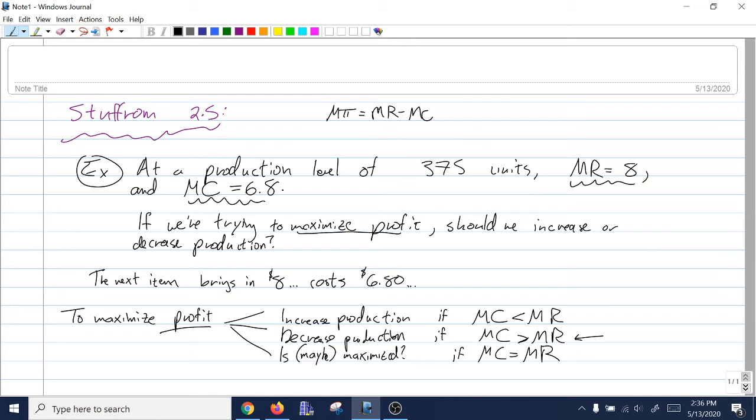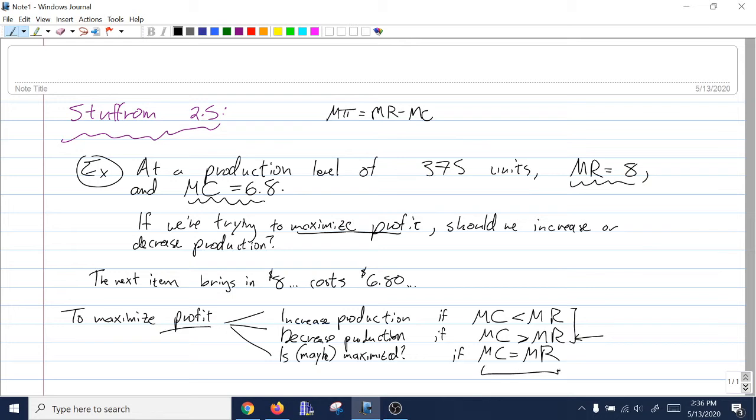We don't actually know that it's a maximum. The thing we can say is that if profit is maximized, then marginal cost must equal marginal revenue, because, like we said, we can improve our profit if it's one way or the other, by going one way or the other, depending on which one's higher. If they're equal, maybe we're already at the maximum.